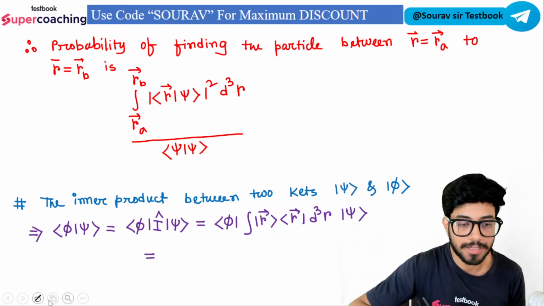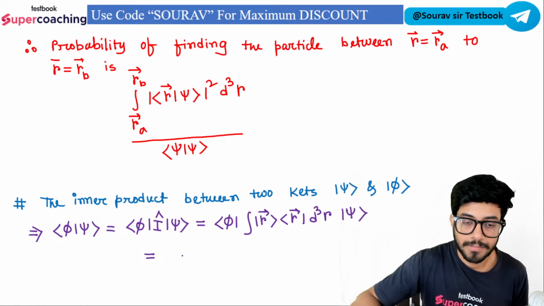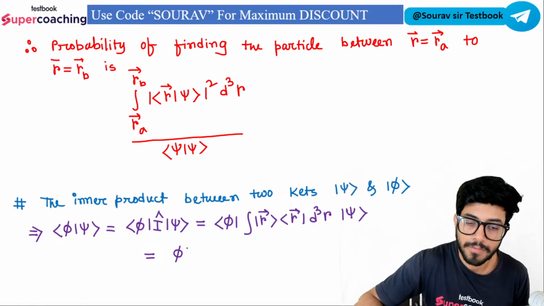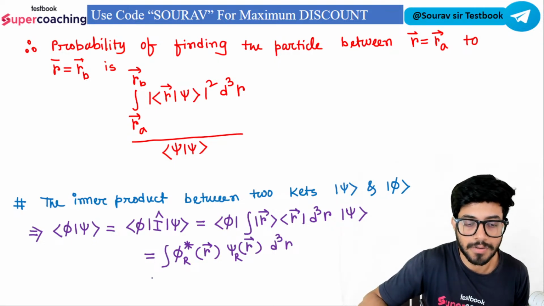So that thing will actually be equal to phi star of r vector, psi of r vector, our position specific functions, into d tau, r integration over all space.